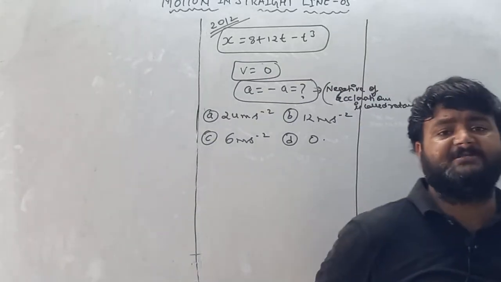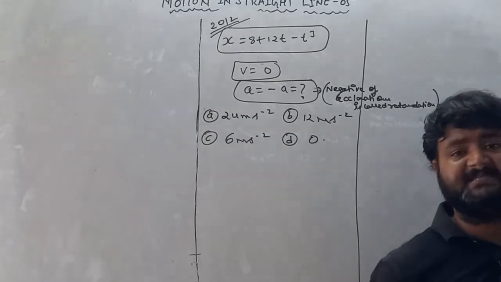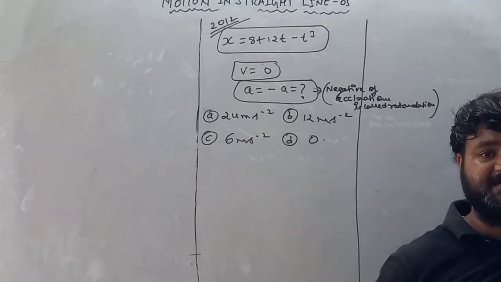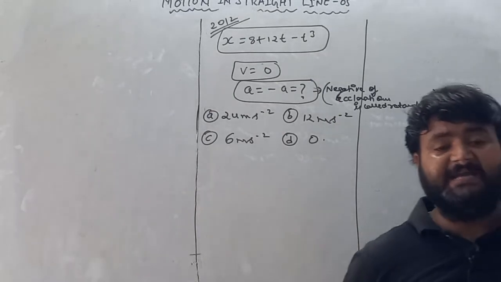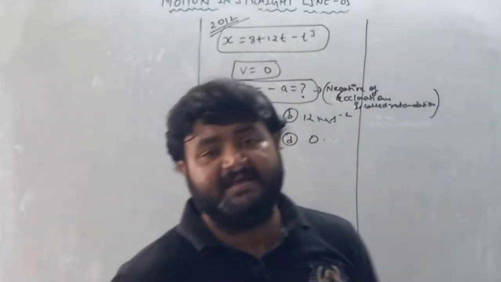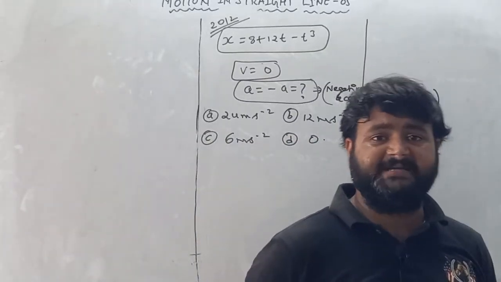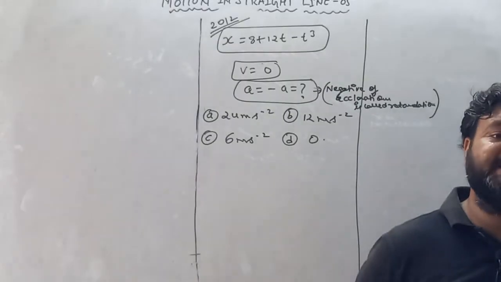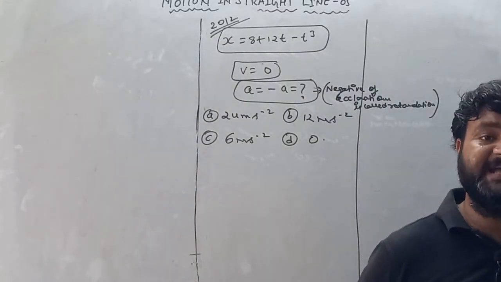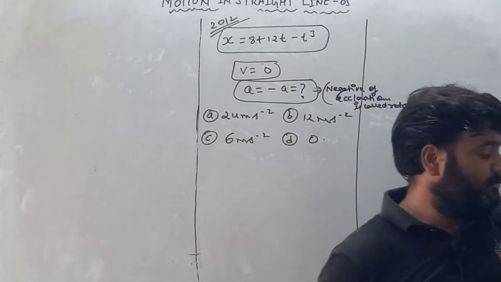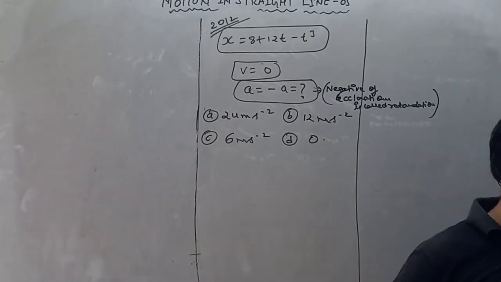And remember, my dear student, if the initial velocity of the particle is greater than the final velocity of the particle, then we say the particle is retarding, that is, negative of acceleration.